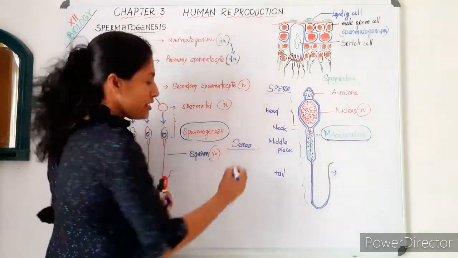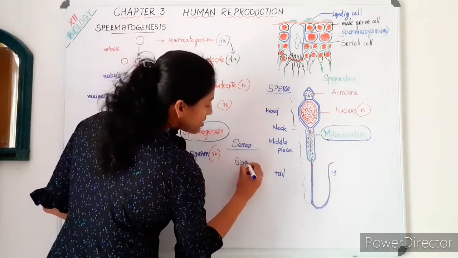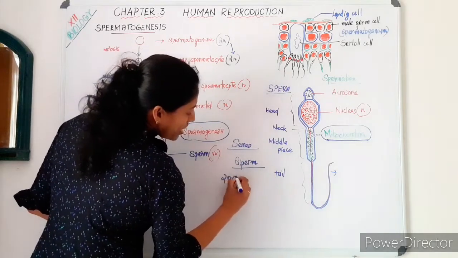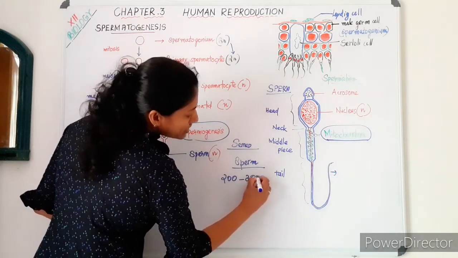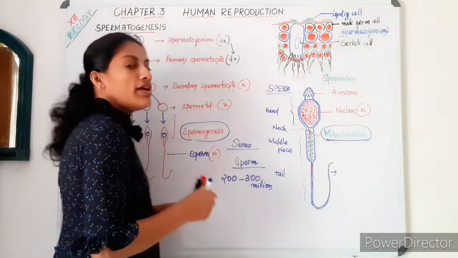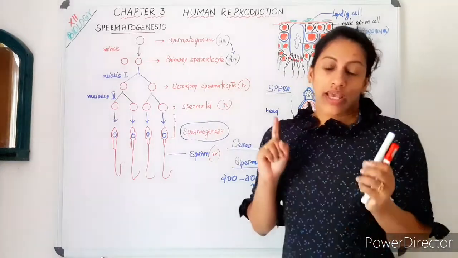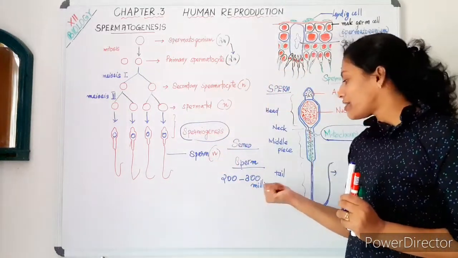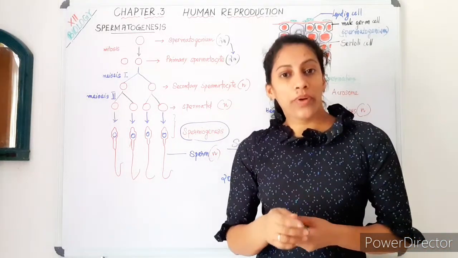And in the semen, at the time of one ejaculation, the sperm count should be about 200 to 300 million for normal fertility. So in one coitus, a human male can ejaculate around 200 to 300 million sperms.